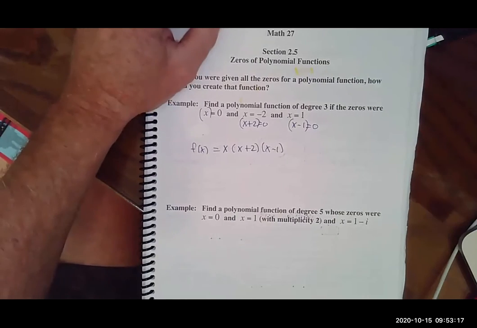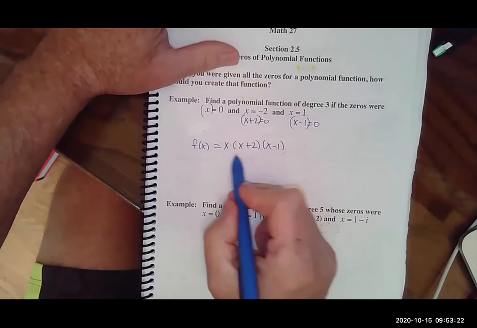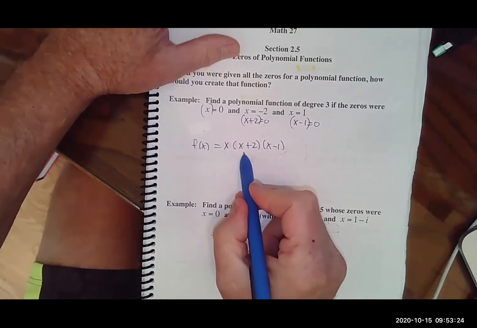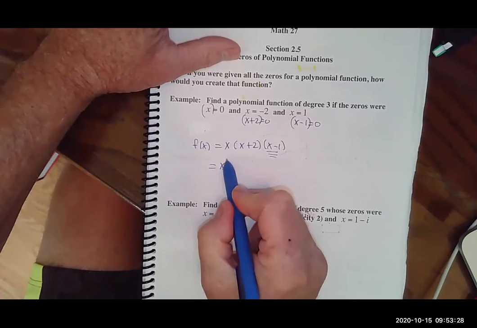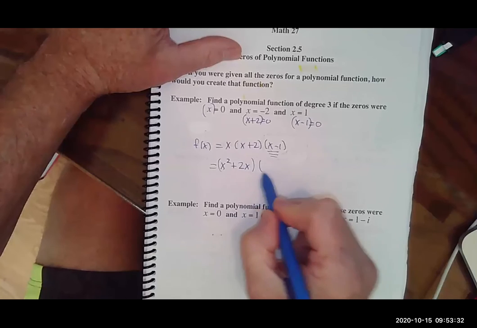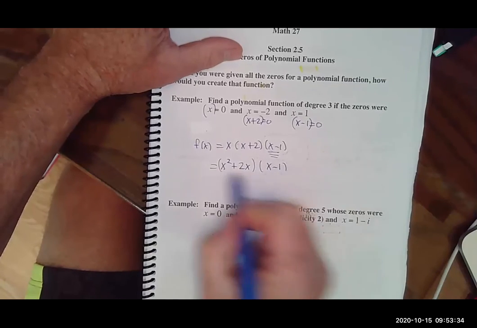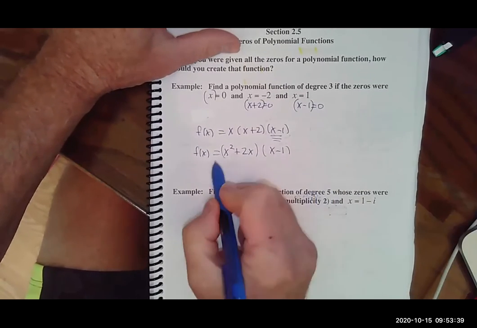And now you just go about your business, beginning algebra kind of concepts. I'll decide to take the x and give it to the first thing. And then FOIL.